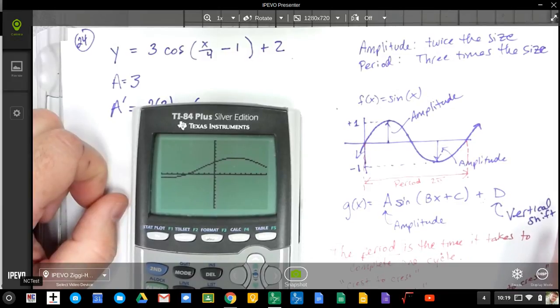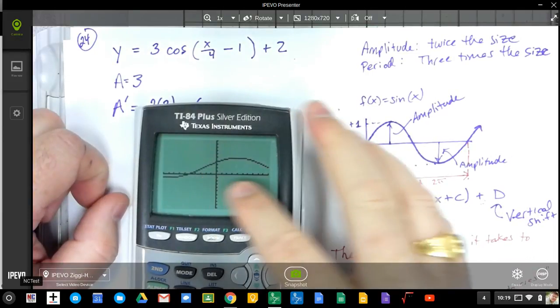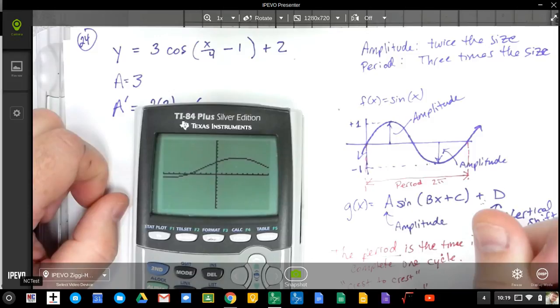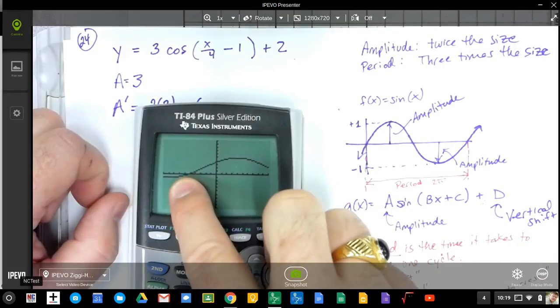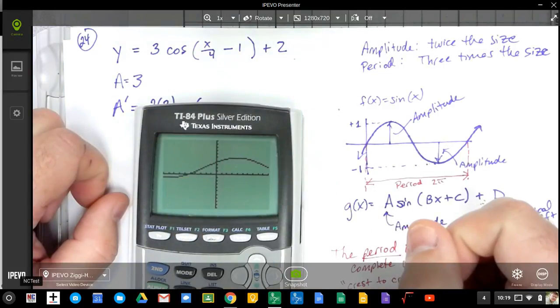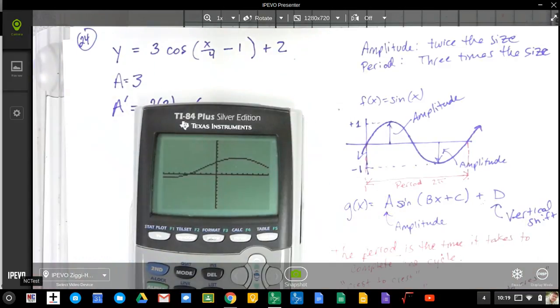Yeah, that's definitely a longer period than 2 pi. 2 pi would be 0 to 6.28 or so. But this is shifted. You know that because the 0 point is off the origin. So there has been a horizontal shift, but the period has been stretched also.